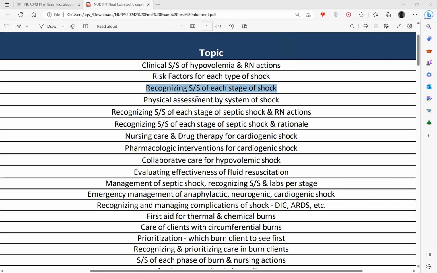Blood for what? That's correct. So draw blood for culture and lactic levels. Okay, so that's always the first action. Followed by, what's hung next? Antibiotics, followed by fluids. Very good. So in that order, okay?